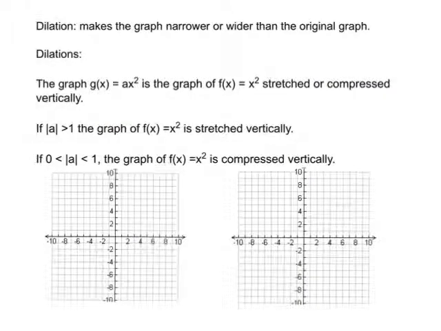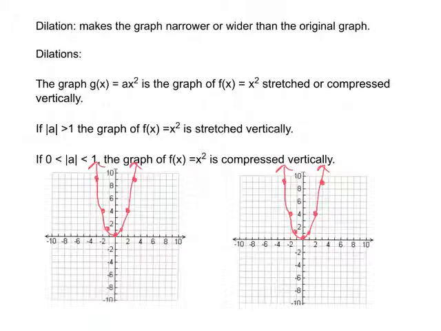A dilation makes the graph narrower or wider than the original graph. So right away I'm going to draw on both of my coordinate planes the graph of f of x equals x squared. So here I have my graph f of x equals x squared.